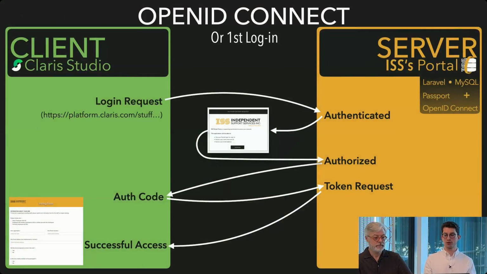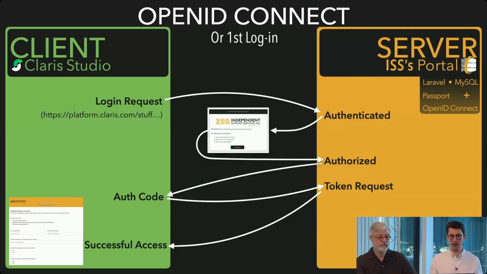So to answer that, we first want to know and understand what OpenID Connect, or OIDC, is and how does it work. So OIDC is an authentication protocol based on OAuth 2. It lets websites delegate authentication to a separate identity provider. If you've ever used the login with Google or login with Facebook option on a website, you've likely gone through an OIDC flow.